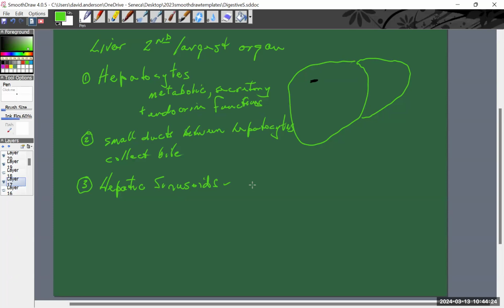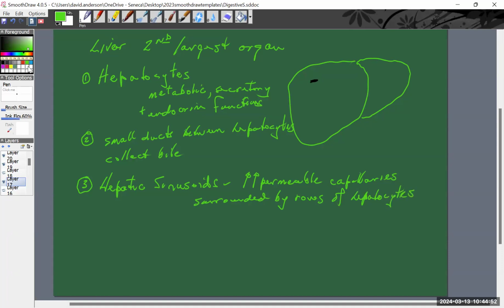So these are very, very permeable, in other words, leaky capillaries that are surrounded by rows of hepatocytes. So surrounded by rows of these hepatocytes.